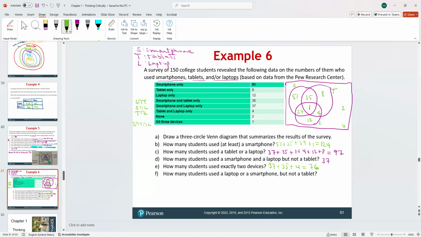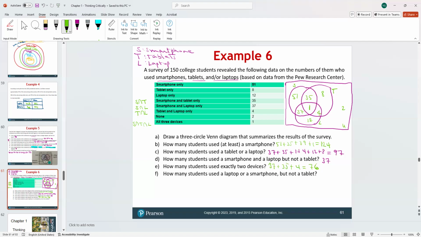So I don't know if I should leave this answer for you. Okay. For what letter is it? Oh, it is F. We did E already. So that would be F.